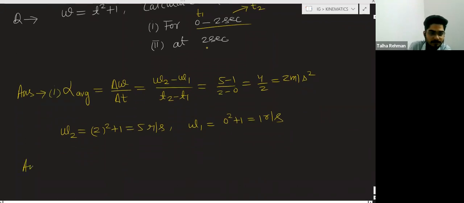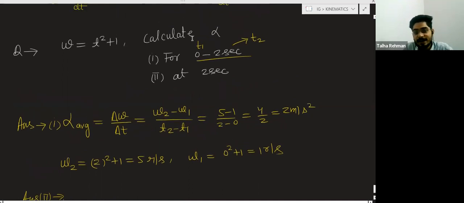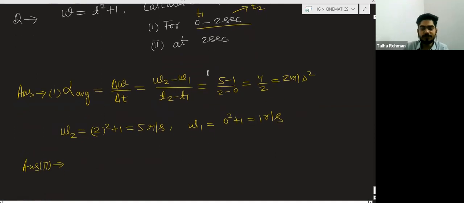Second answer: they are asking for the angular acceleration at 2 seconds. So Shafruddin, tell me, what type of angular acceleration will we calculate for the second case?